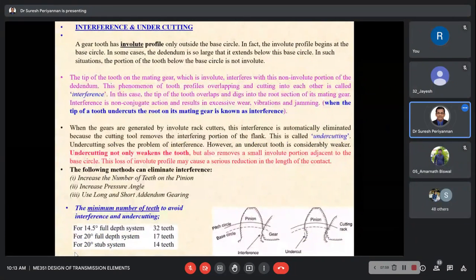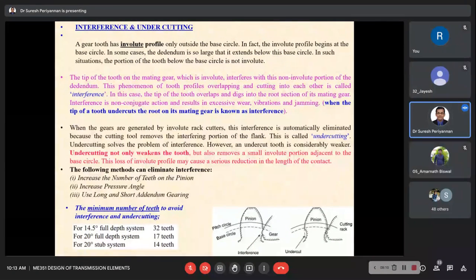A gear tooth has an involute profile only outside the base circle. In fact, the involute profile begins at the base circle. In some cases, the dedendum is so large. Obviously, the dedendum should be.